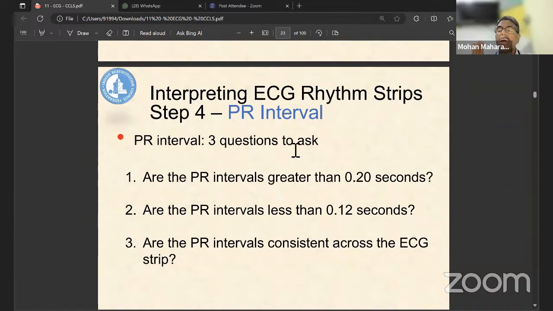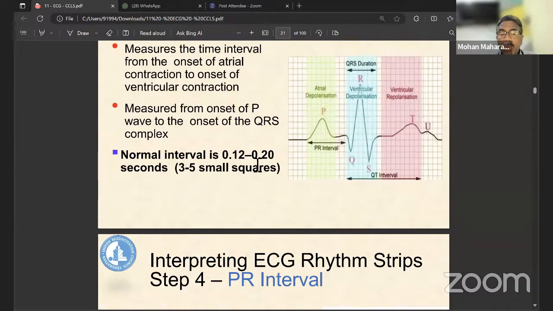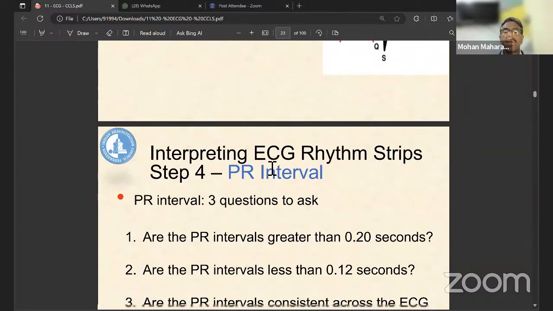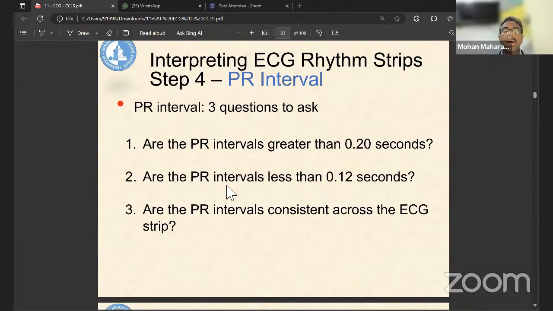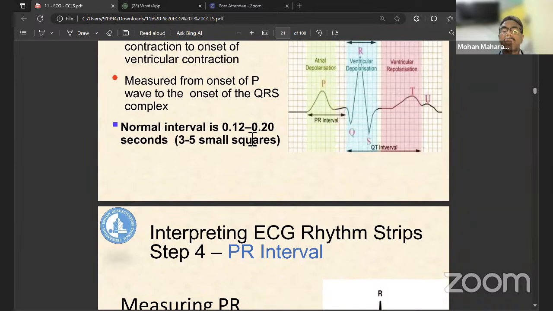Now, you have to ask 3 questions when we talk about a PR interval. First, is the PR interval greater than 0.2 seconds? As we said, please remember it is 0.12 to 0.2 seconds. Is it more than that or not? The second question is, is the PR interval less than 0.12? It should not be more than 0.2, and it should not be less than 0.12.